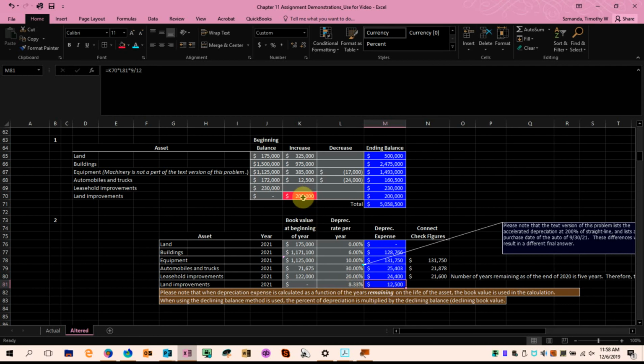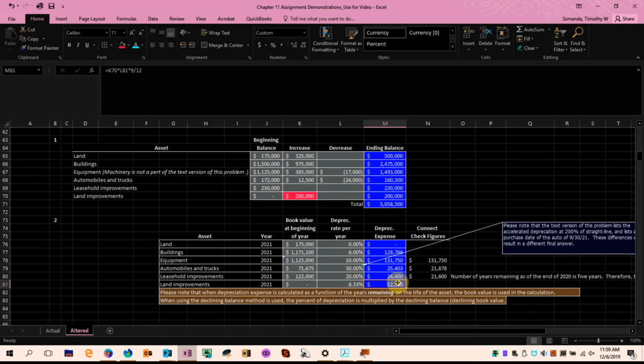You have 192. And then I multiplied that by 9/12, because in part B it says that these improvements, these land improvements, were acquired on March 25th. So 3 months into the year. So we only have 9 months left.